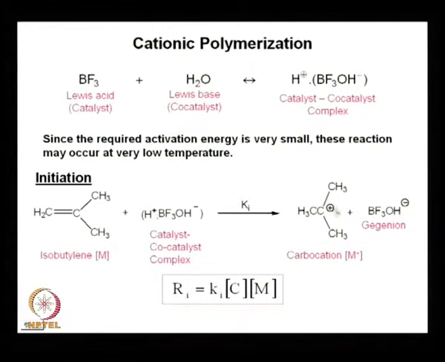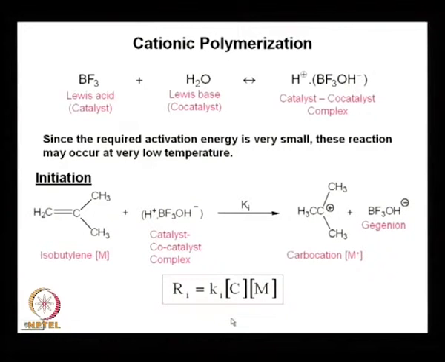Here you see the rate expression: rate of initiation is equal to some rate constant times the concentration of the catalyst co-catalyst complex and the monomer concentration. As before, the rate expression is very simple. You can say, sir, here catalyst is not consumed, so why is it included?